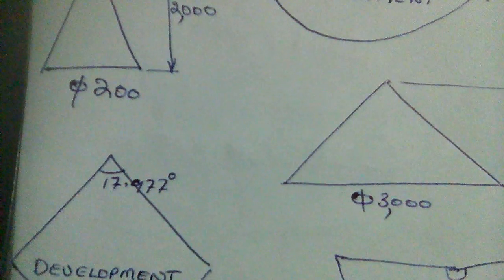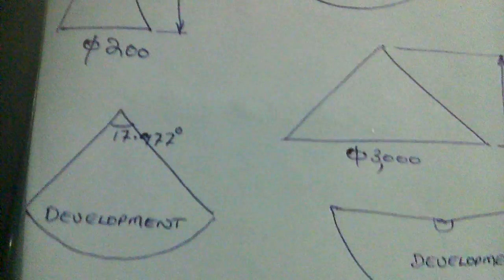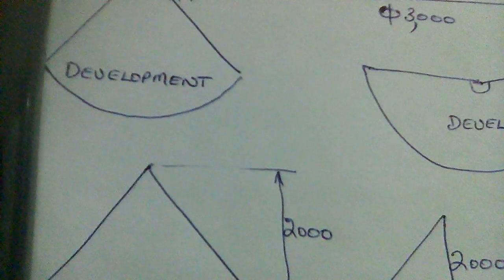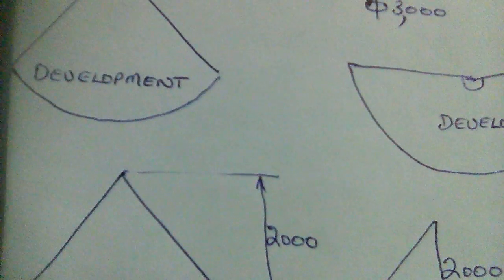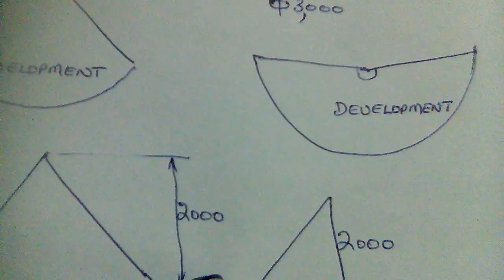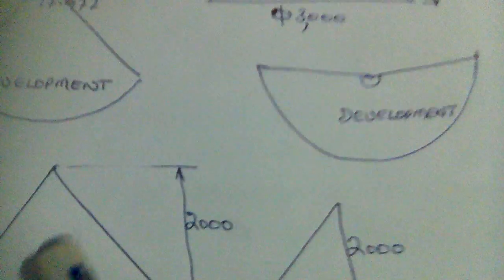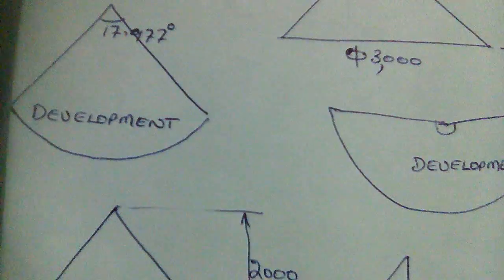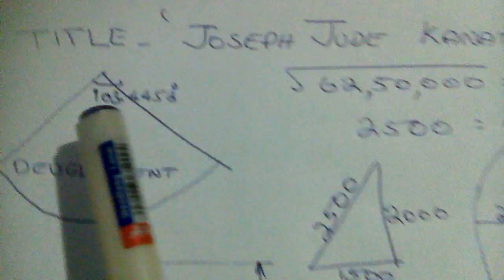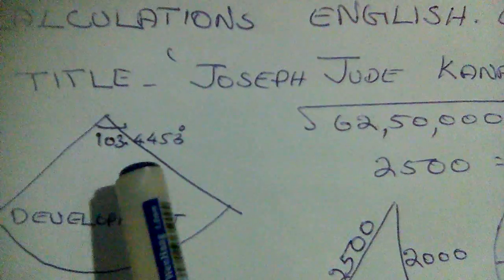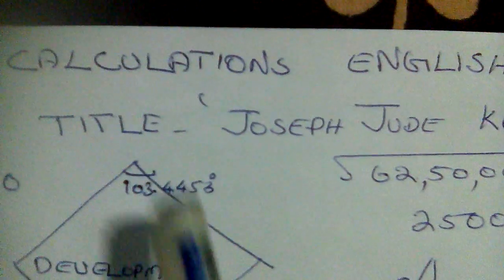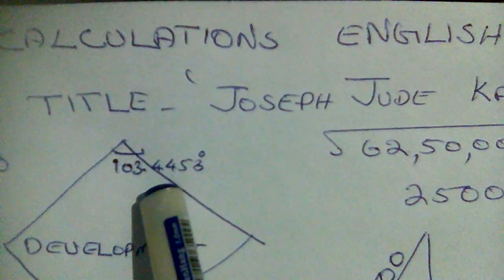Before that, we had studied about the development of a cone which is having a diameter of 1200 and a vertical height of 2000. When we did its development, it was 103.4453 degree. Everybody knows it, so I don't describe about it.